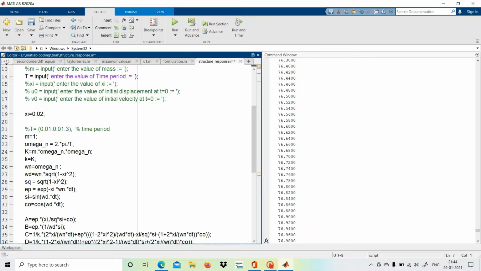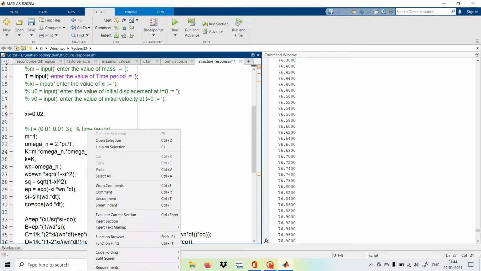And stiffness, that is capital K, is omega n square. We are replacing that capital K with a small k, so it will take the value as this. Omega n we are representing here as wn, and omega d as wd, that is omega n under root 1 minus xi square, and we are making a shortcut sq to the square root of this value.